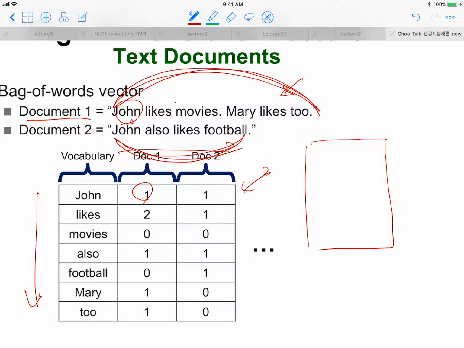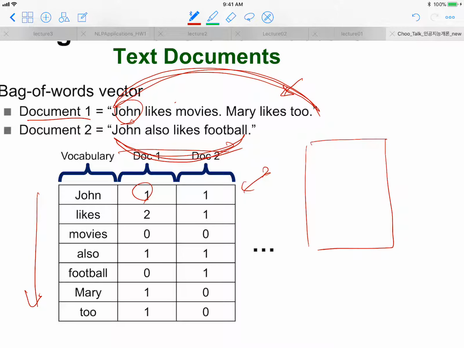This time the window doesn't work in a sliding manner with a fixed window size. Our window exists only once per document, and the window size covers the entire words shown in the document.